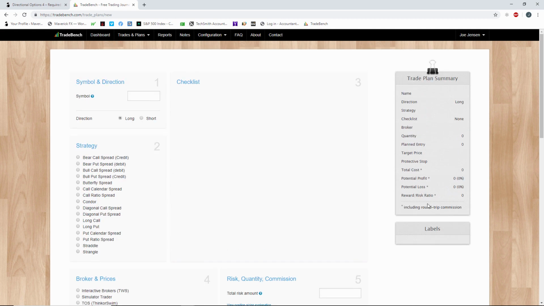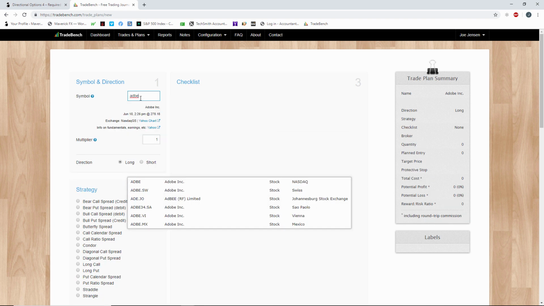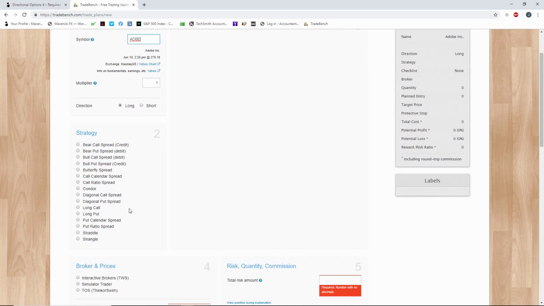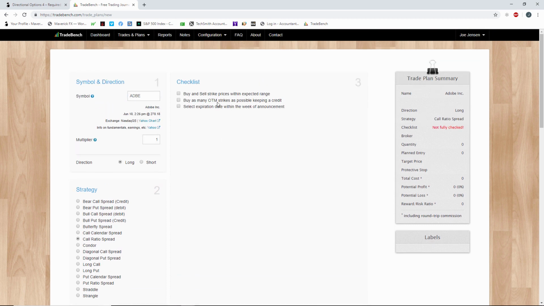What's tough about this, folks, is if we don't trade as a new plan, then we can't use the checklist. So actually, let me go ahead and type in the one we're going to talk about here, which is Adobe. But you'll see that when I click on ratio spreads, if I can find it, call ratio spread, it gives me the checklist.